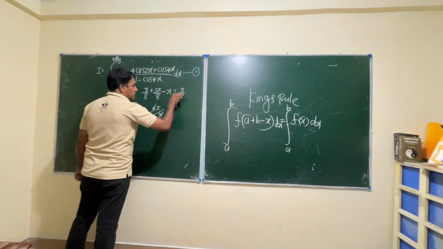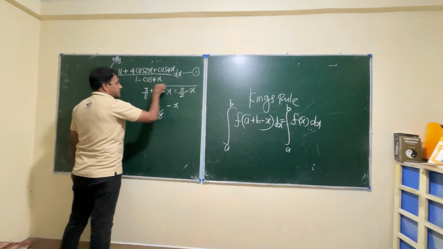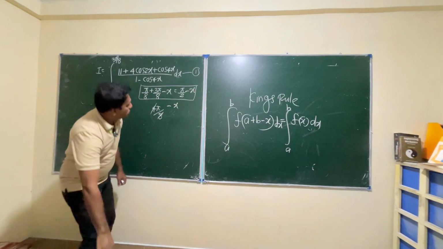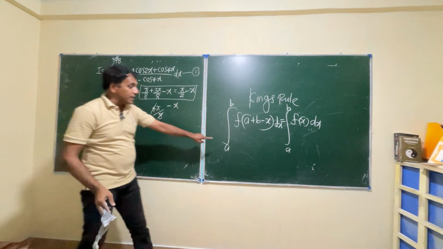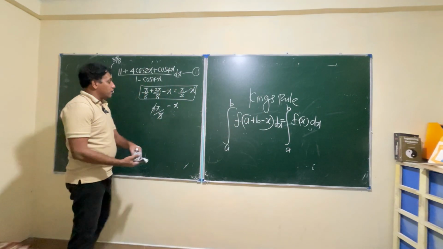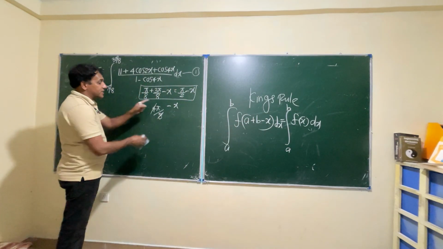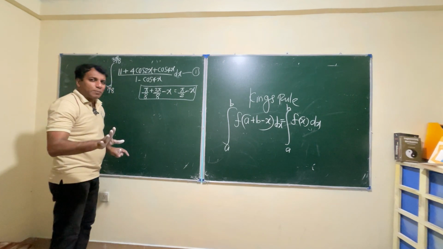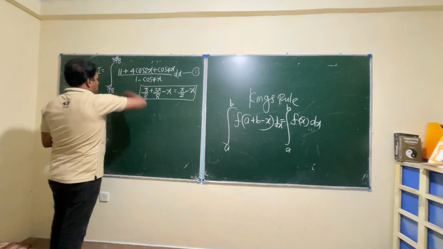Very interesting, this is the interesting work. Follow the King's rule of integration. So a plus b minus x is substituted for x. Therefore, in this problem, where I is in x, you can write pi by 2 minus x. That's the beginning part.